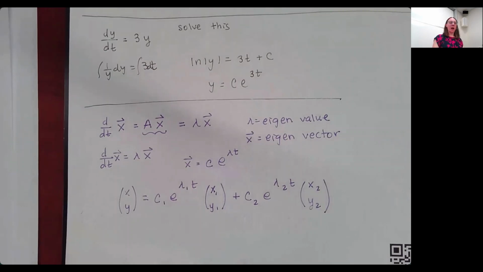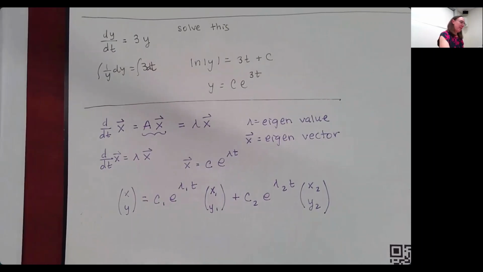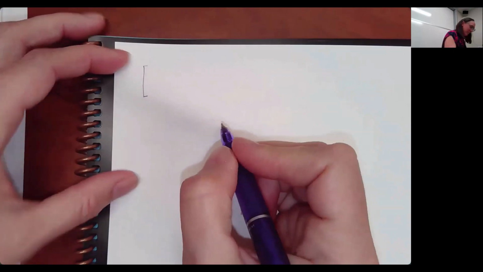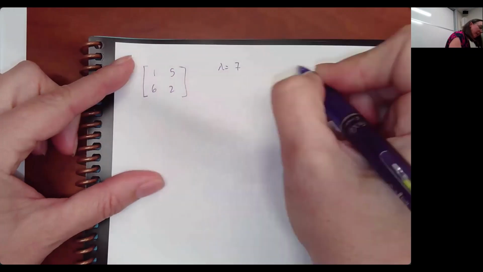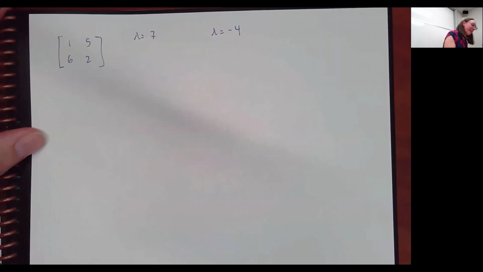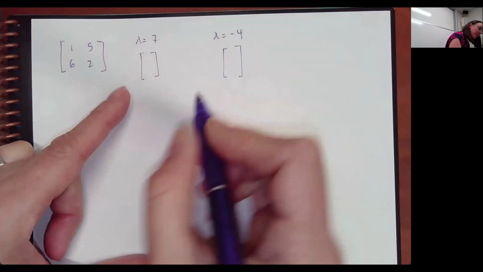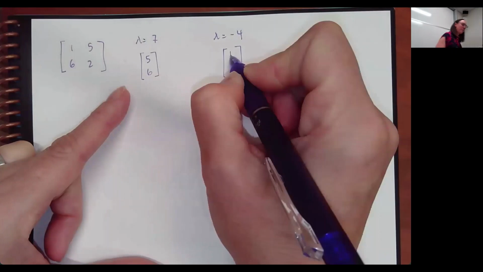Okay, so I'm just going to jump to writing the solution for the one we already solved. You'll have to tell me what the matrix was. 1, 5, 6, 2, and we got lambdas of 7 and -4. Is that right? What are our two eigenvectors going to be? 5, 6, and 1, -1? Okay, cool.